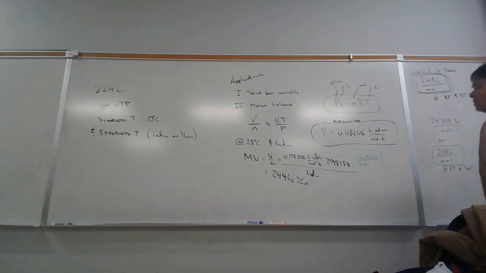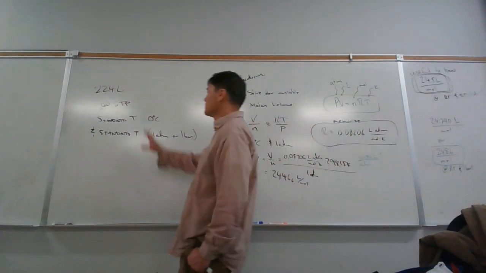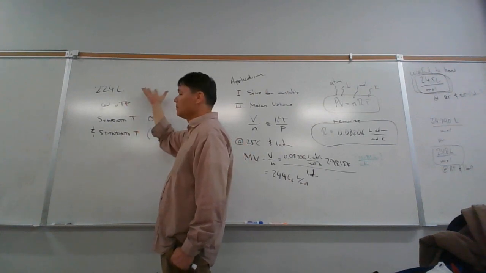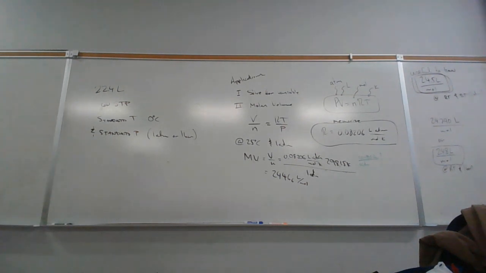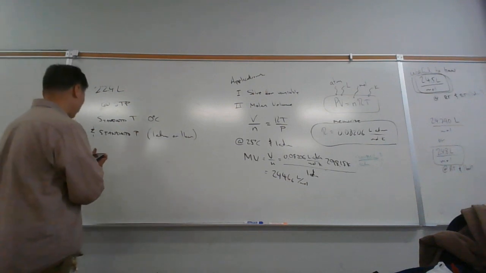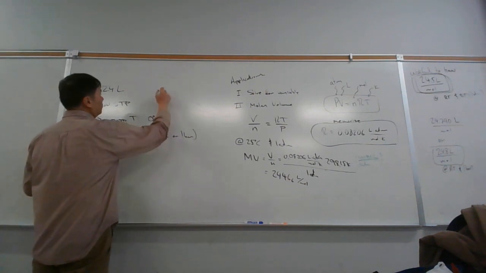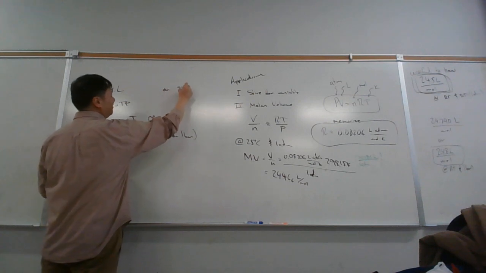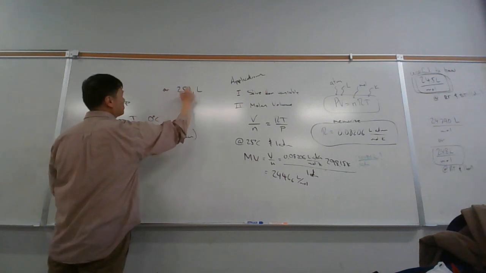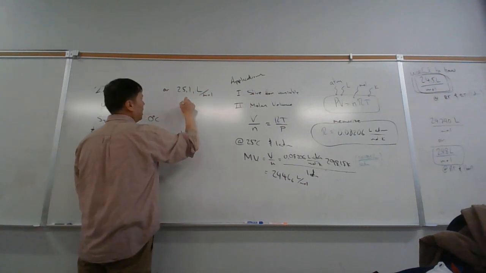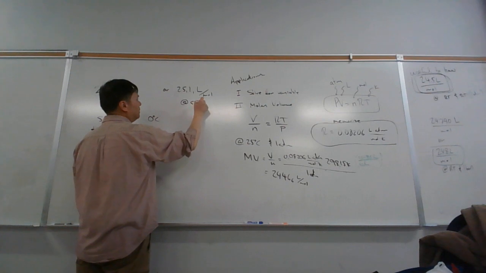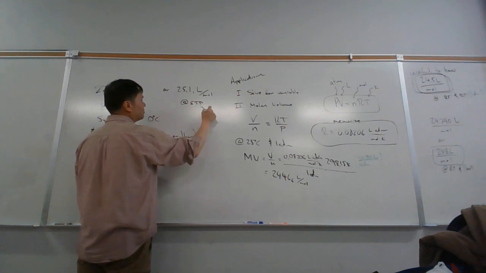So if I need to do this in bar, it's a little bit smaller, and therefore the volume is going to be a little bit bigger. And so if it's a little bit bigger, it's going to be 1.01325 times bigger. So times 1.01325, and it's 25.11, or 25.11 liters per mole at STP, in which the pressure is bar.